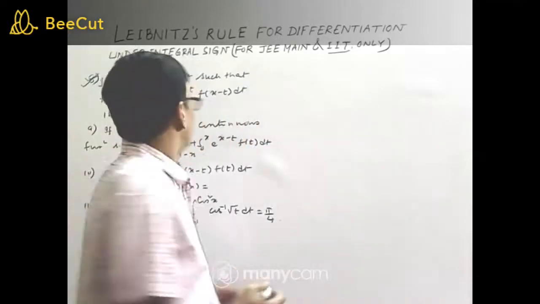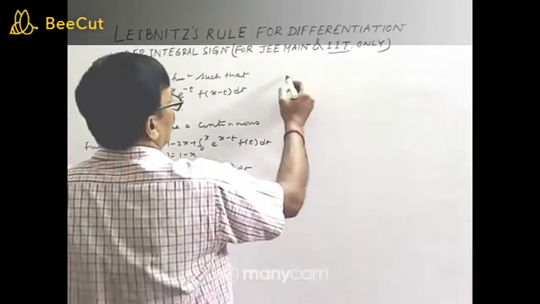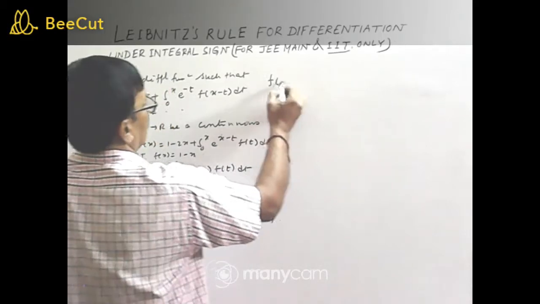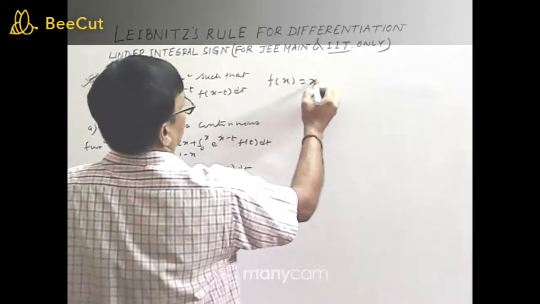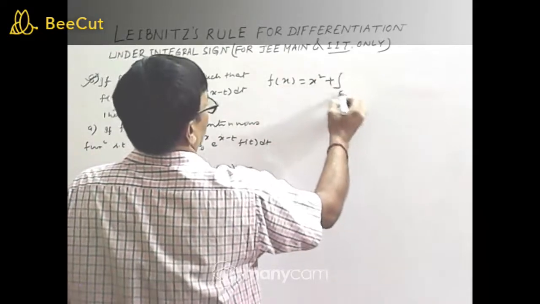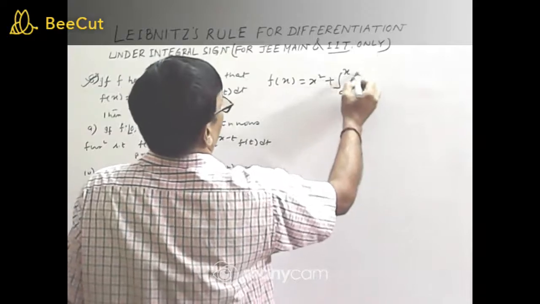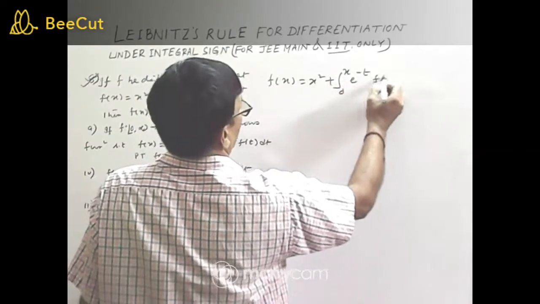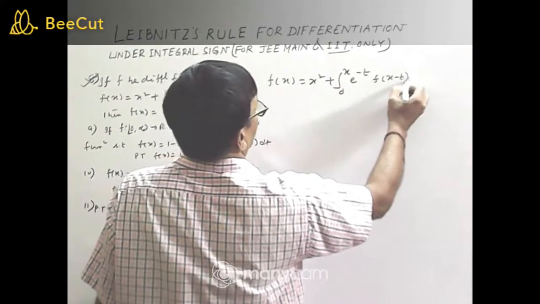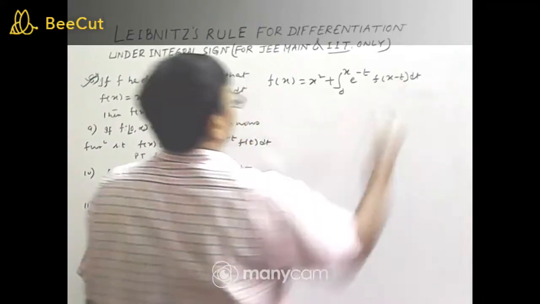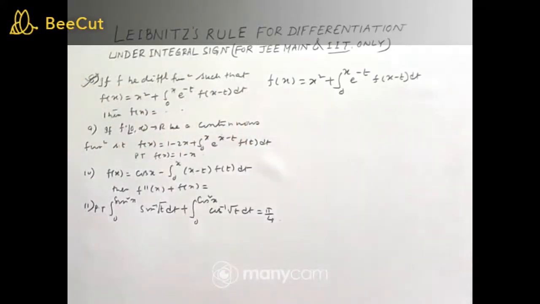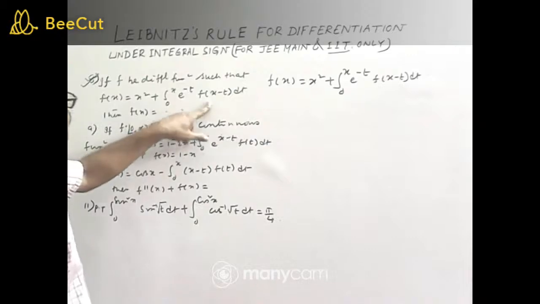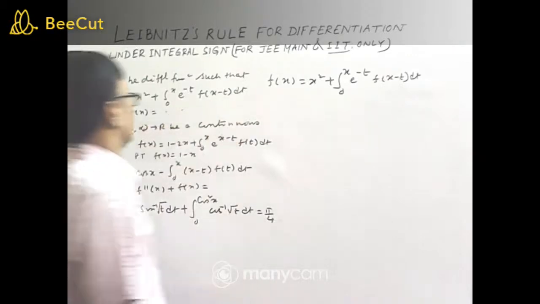So what is f(x)? So we write f(x) equals x square plus the integral from 0 to x of e to the power minus (x minus t) f(t) dt.